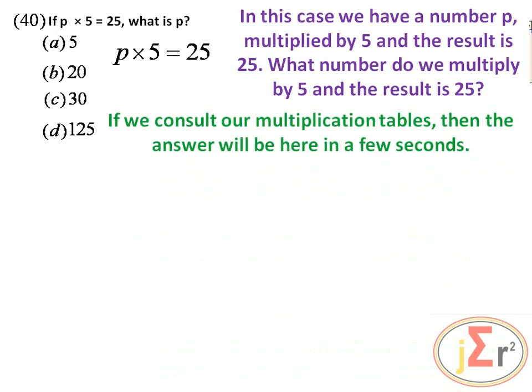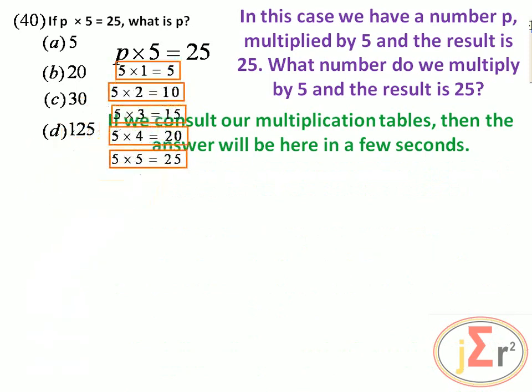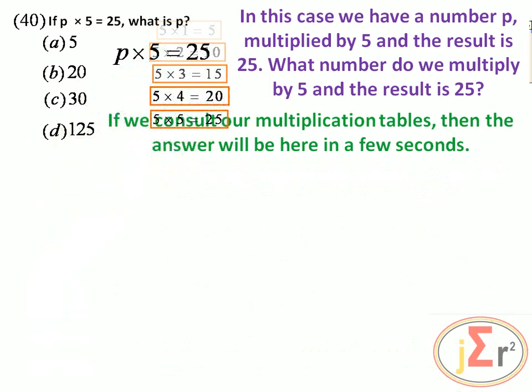If we consult our multiplication table, then the answer will be here in a few seconds. And they will go away in a few seconds also, Jerry, because I am not spoiling my students by causing the multiplication table to remain on the slide for too long, because you should really know your multiplication table. So the number that we multiplied by 5 and the result is 25 is 5.